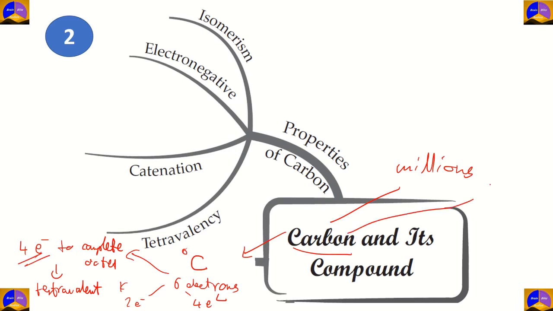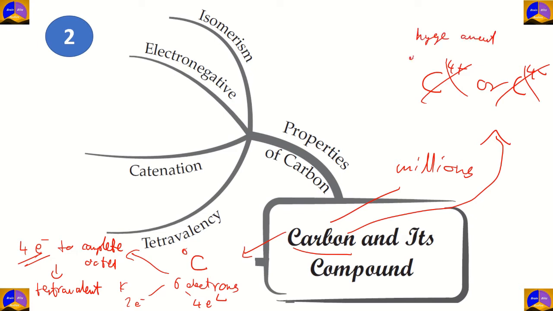But the problem with having a valency of 4 is you cannot form C4+ or C4−. Both of these are not possible. We cannot form C4+ because it would require a huge amount of ionization energy. If you don't know what ionization energy is, it's basically the energy required to remove an electron.